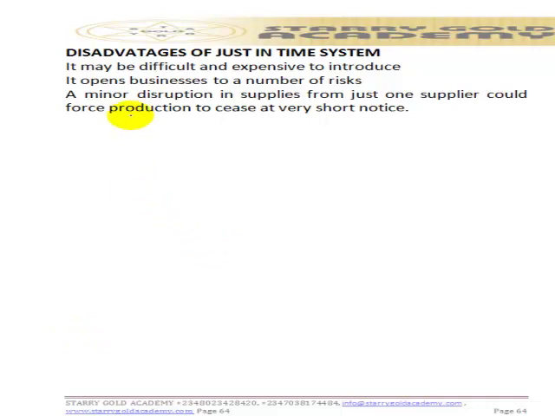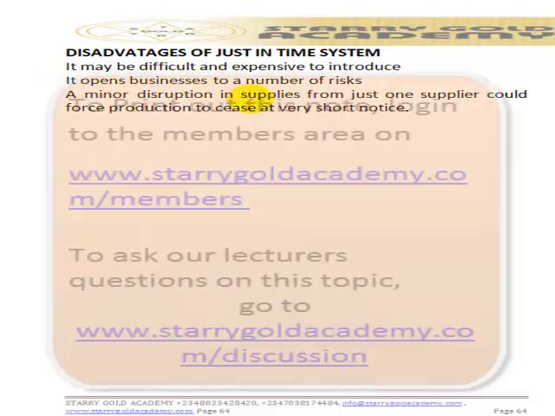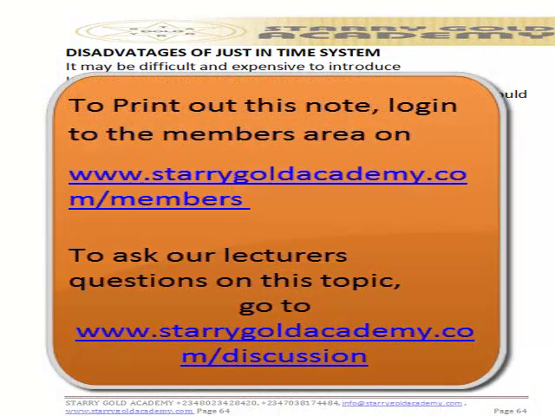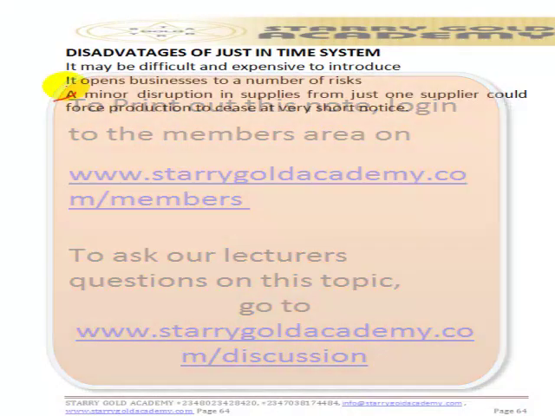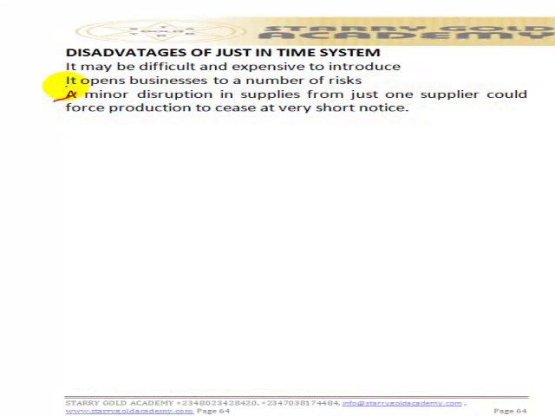Then the disadvantage is that it may be difficult and expensive to introduce. It opens businesses to a number of risks. A minor disruption in supplies from just one supplier could force production to cease, because you only buy materials when production is to start.